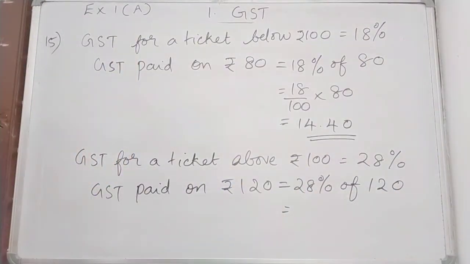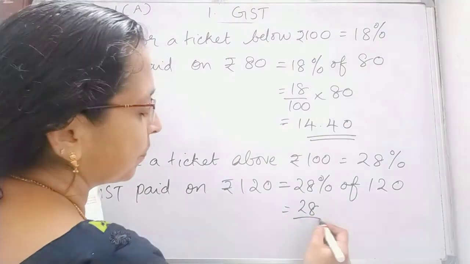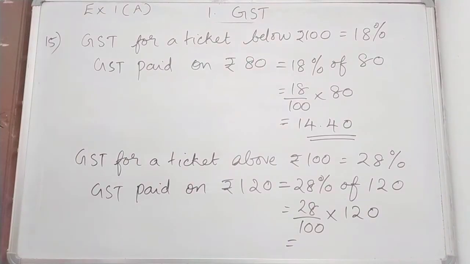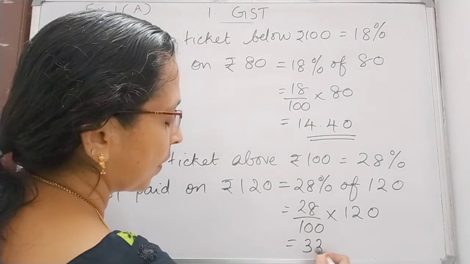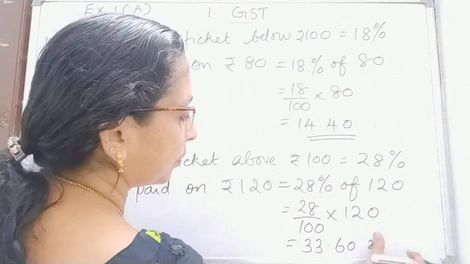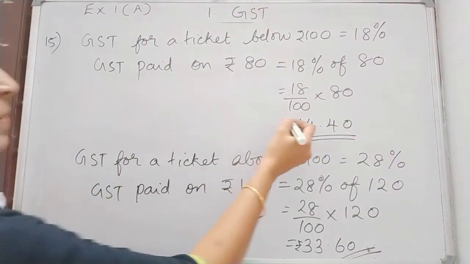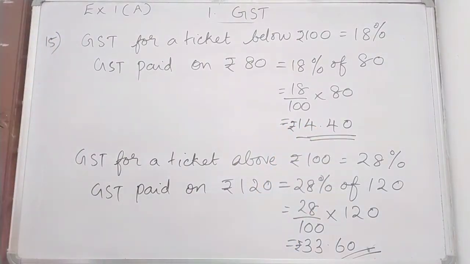That is 28 by 100 into 120. That is 33.60 rupees. Here also you want to write rupees.